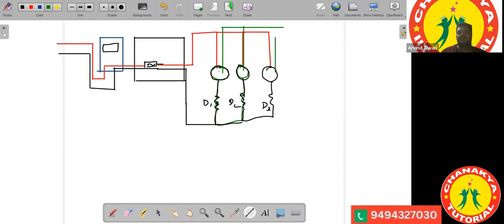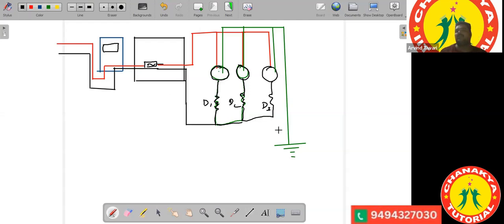The earth is earthed in the ground with the help of a copper plate. So this is the earth wire.